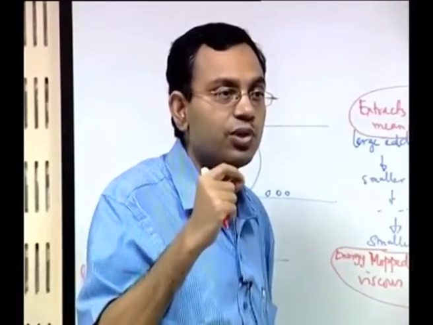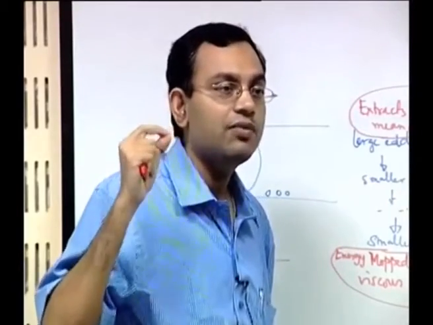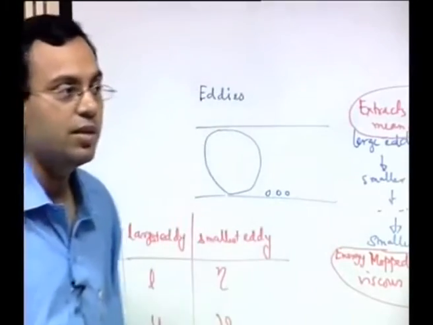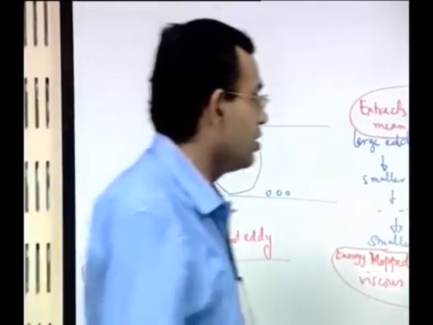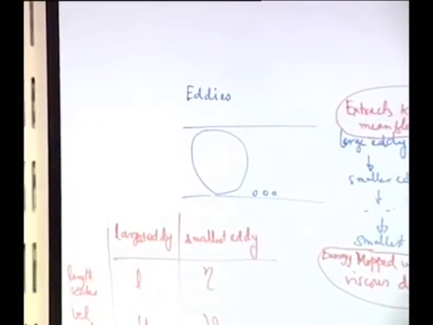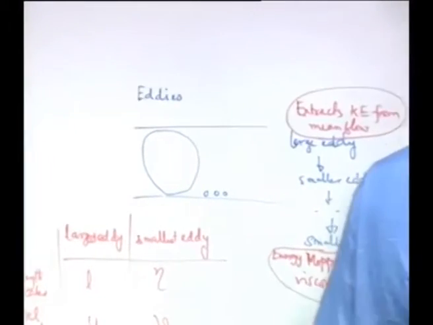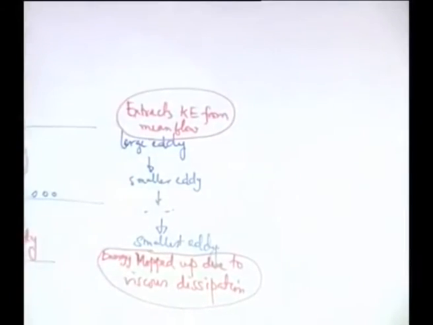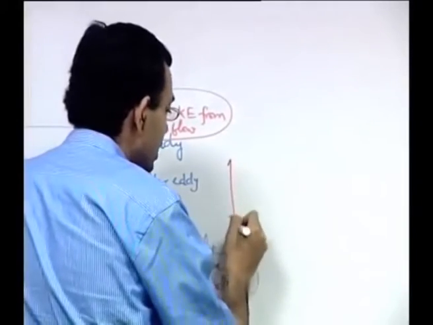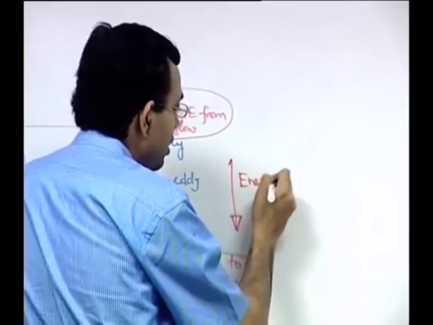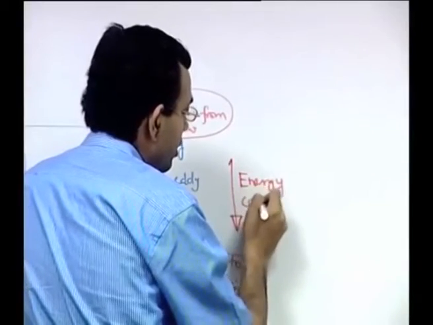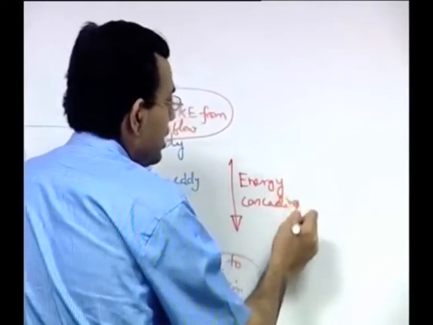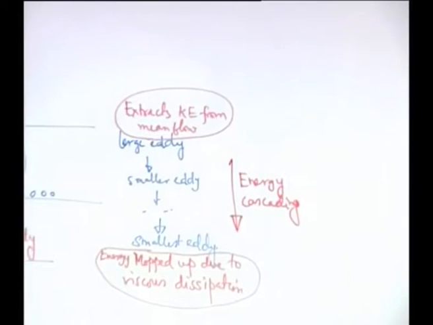That is, the inertia force will just be balanced by the viscous force, so that the Reynolds number will be of the order of 1. This is known as energy cascading, that is, how the energy is cascaded down from the largest to the smallest eddies.